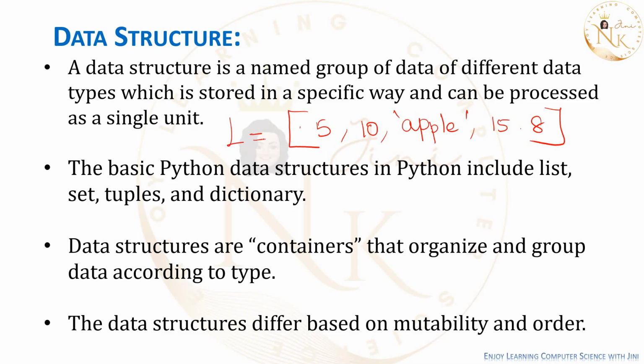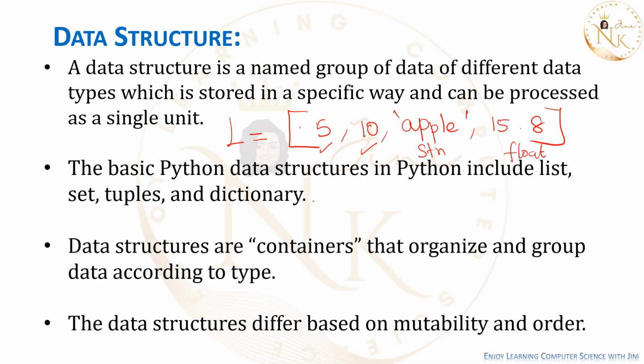A data structure is a named group. So L is equal to this list, which has different data types: this is an integer, this is an integer, this is a string, this is again a float. A data structure is a named group of different data types which is stored in a specific way and can be processed as a single unit.